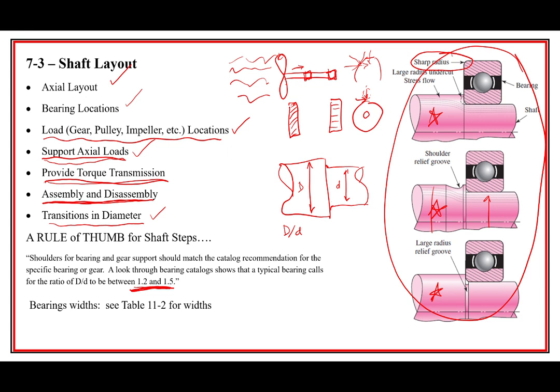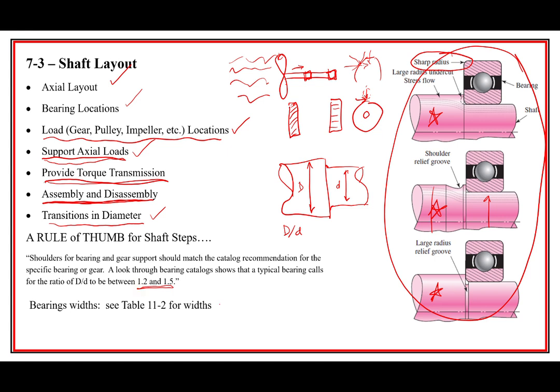So consider that when calculating the diameters and then picking the preferred sizes. Also note that when you make a transition so that you have an axial location for a gear or a bearing, we also need to keep within this range. So it's sort of a balancing act of those considerations.